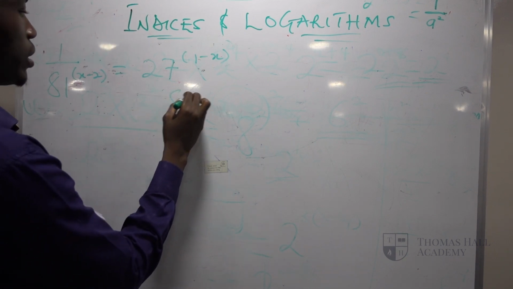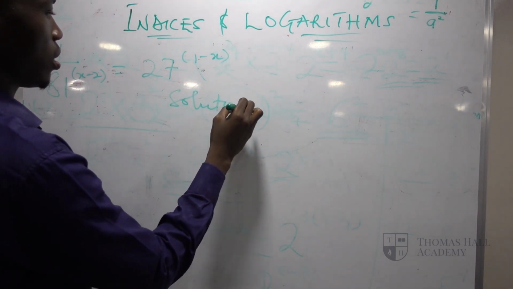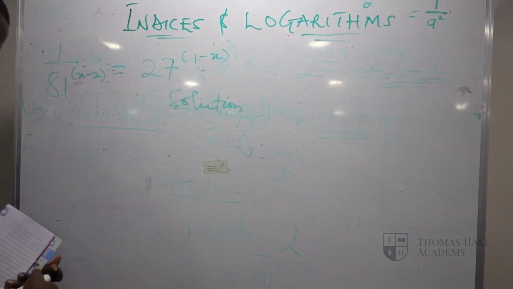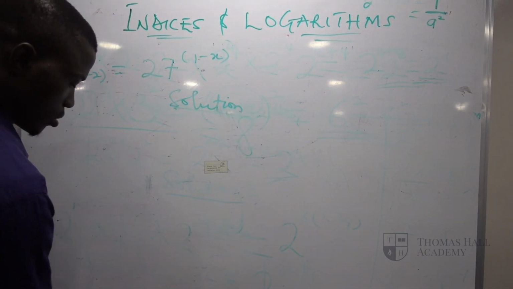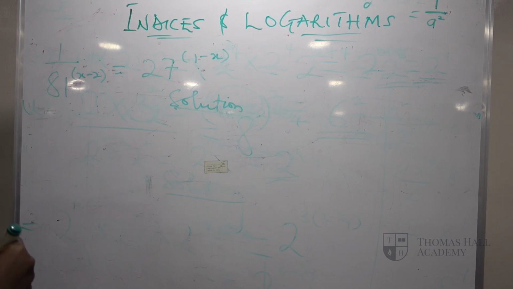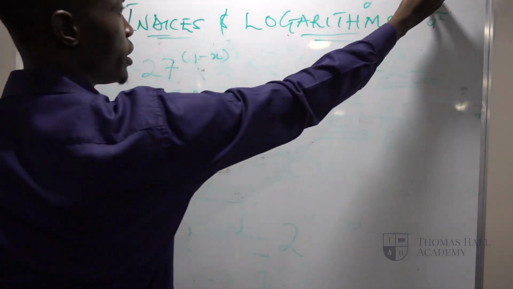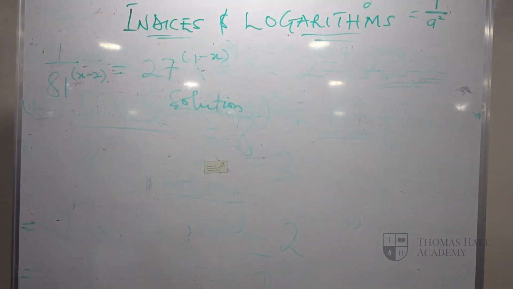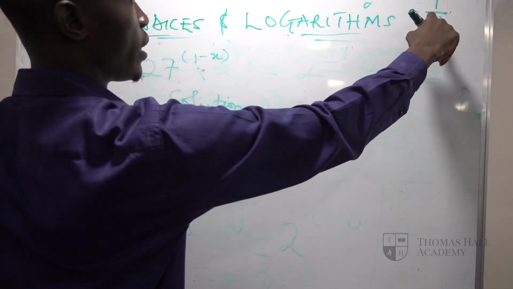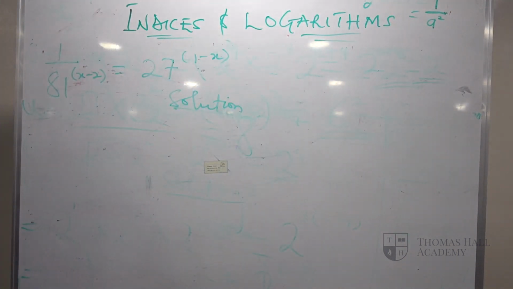How do we solve this again? Like I said, we have to be able to express numbers in their powers. Just from what I said concerning numbers with negative powers, a raised to the power minus 2 becomes 1 over a raised to the power 2.